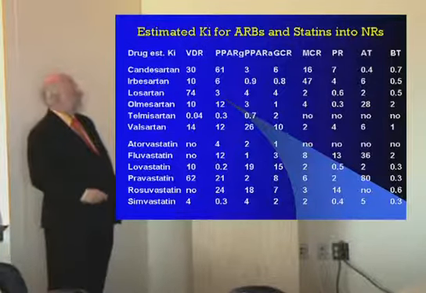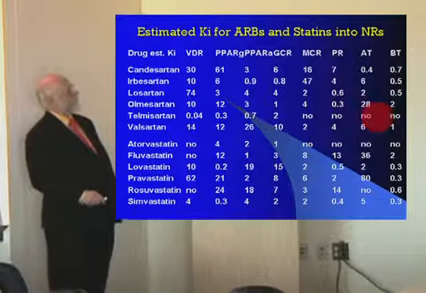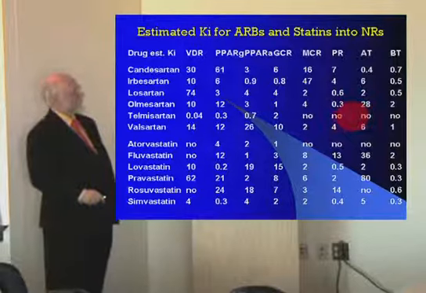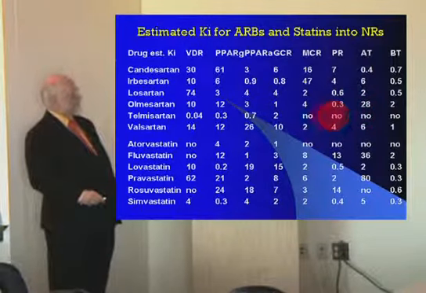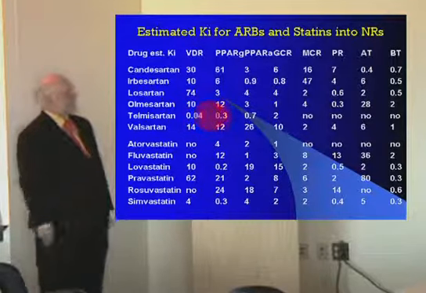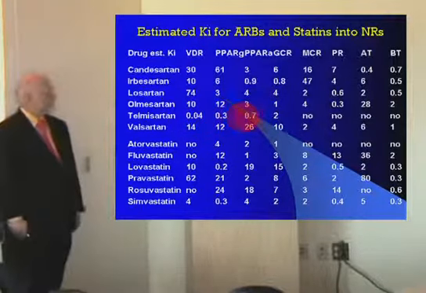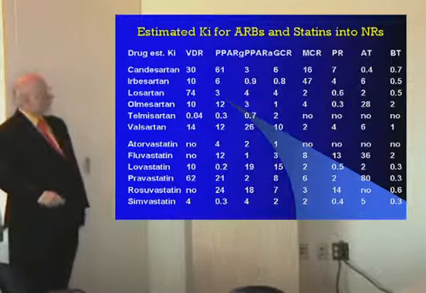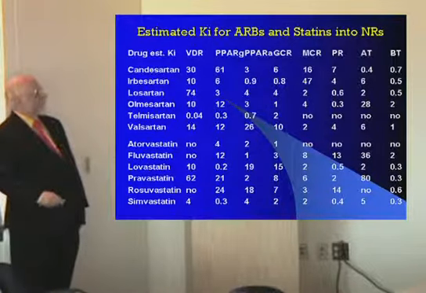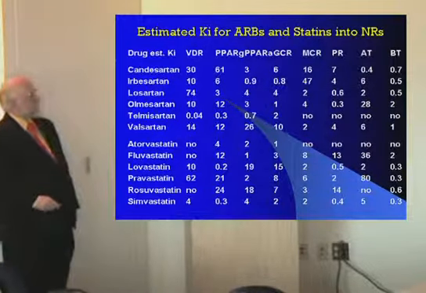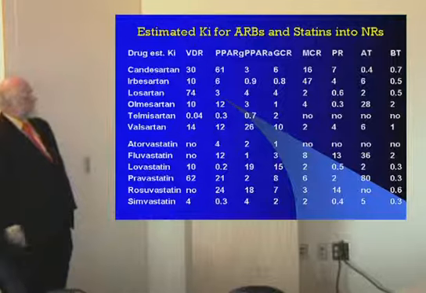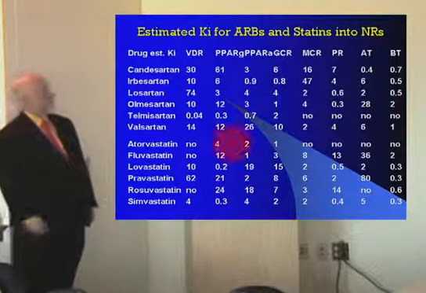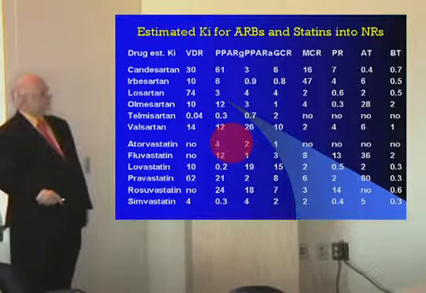Some of them, like for instance telmisartan, don't really affect the thyroid receptors, the MCR or progesterone receptor very much, but it really knocks out VDR, PPAR gamma and PPAR alpha. And same with atorvastatin. It has a strong affinity for PPAR gamma and alpha, but not too much on the thyroid.